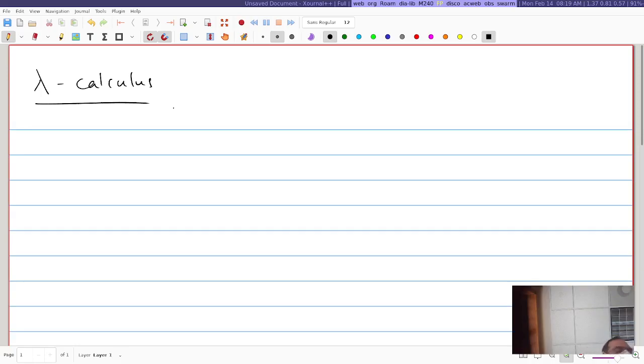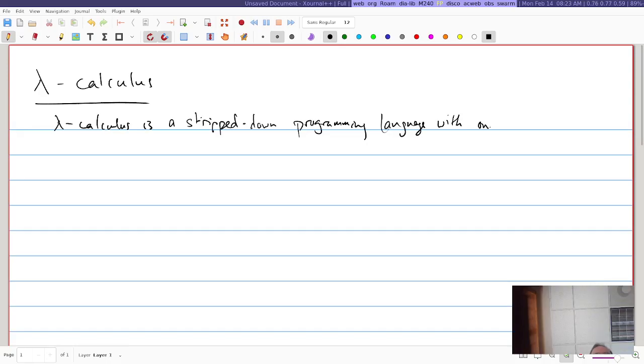So basically, Lambda calculus is basically a stripped down programming language with only functions.